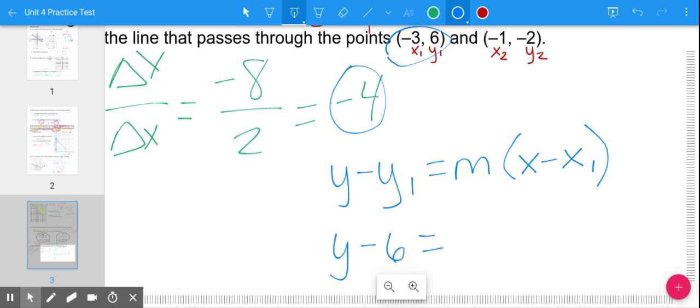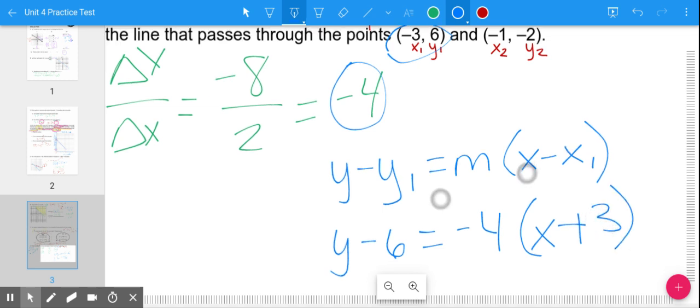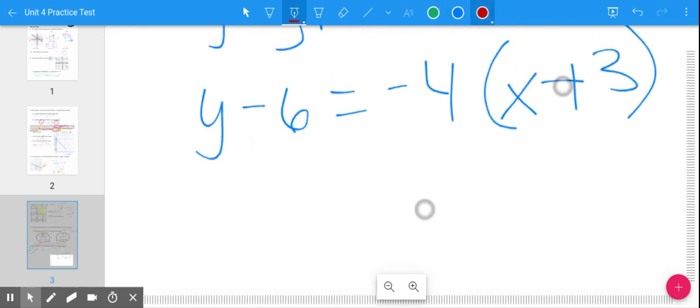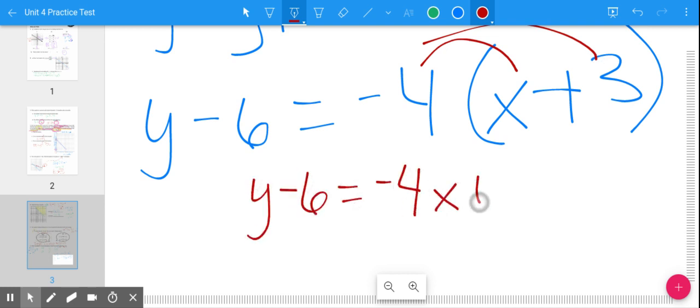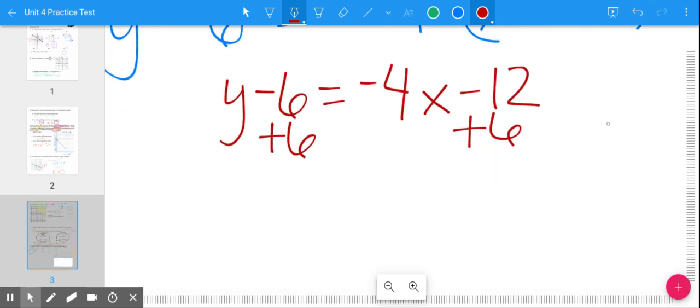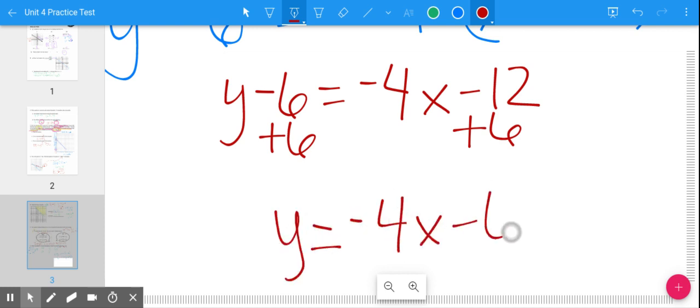Minus 6 equals my slope of -4 times x minus the -3, so that would become a +3. Solve this. Distribute. Your y minus 6 equals -4x minus 12. And then add 6. So my final equation would be y equals -4x minus 6.